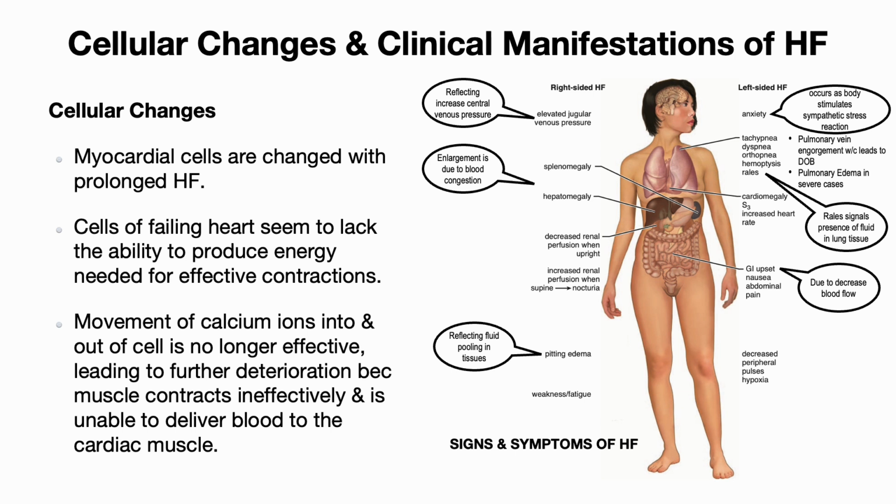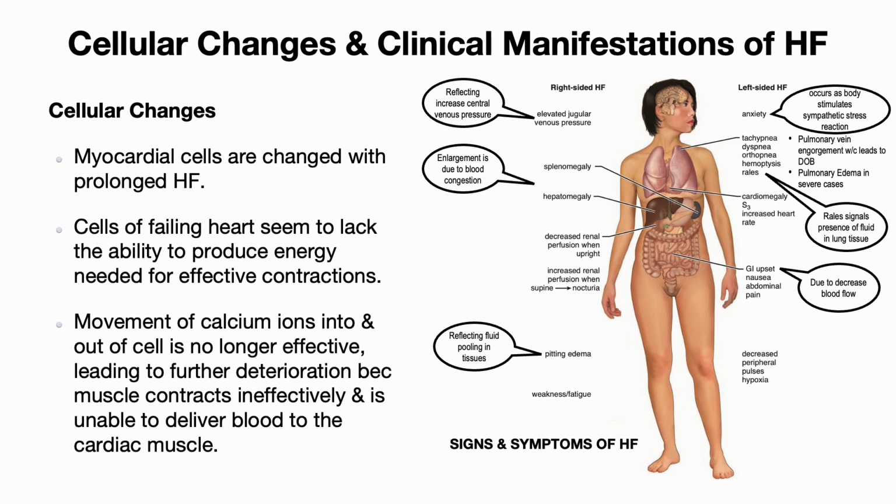The heart rate will be rapid, secondary to sympathetic stimulation, and the patient may develop atrial flutter or fibrillation as atrial cells are stretched and damaged. Anxiety often occurs as the body stimulates the sympathetic stress reaction.